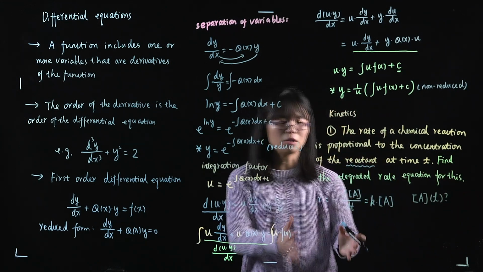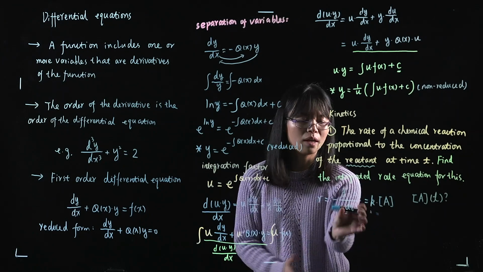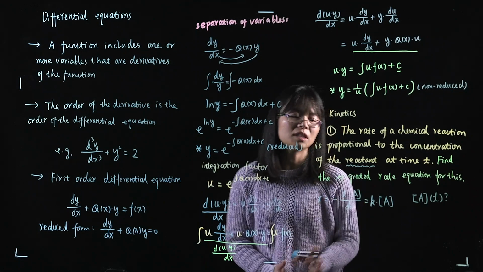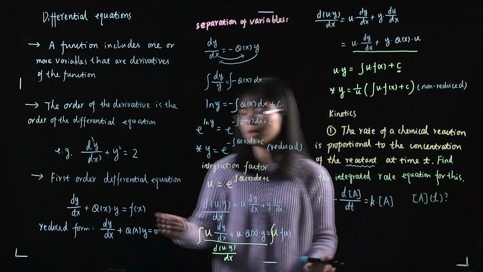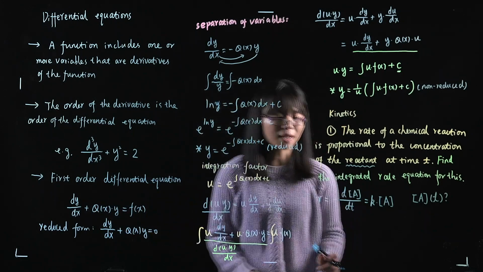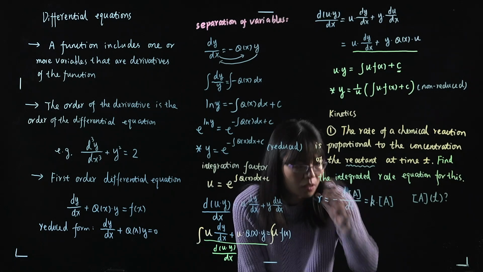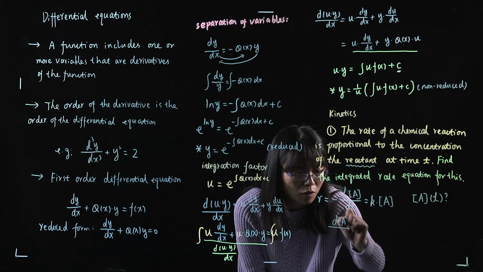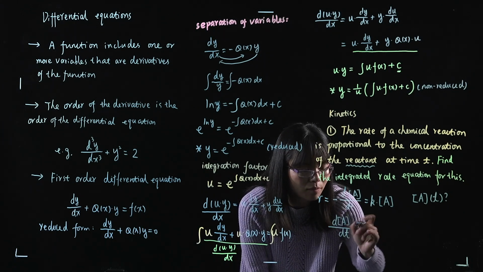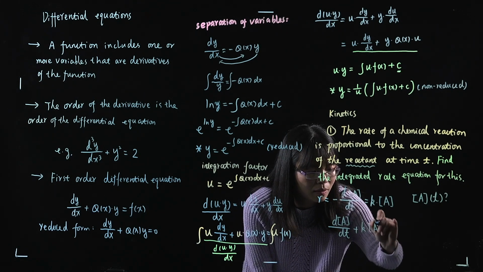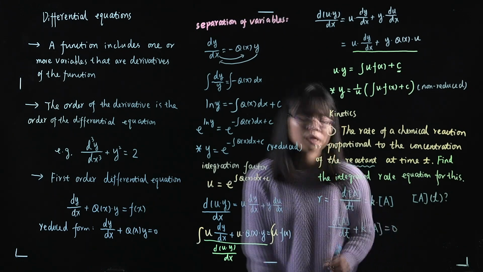Now looking at the feature of this function, we got the differential of the function, and it's first order. If we compare to the form of the reduced one and the non-reduced one, we can rewrite the equation that we are trying to solve. It is the first differential of A over time t, dA over dt, plus k times A equals 0.